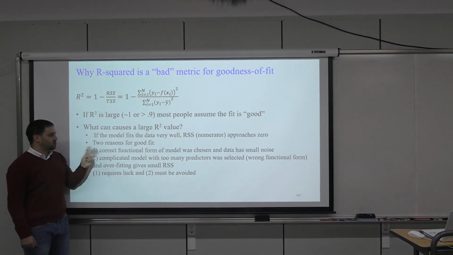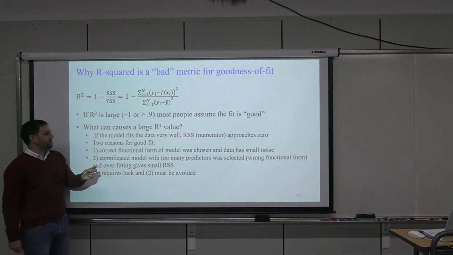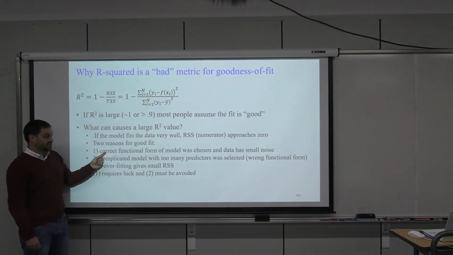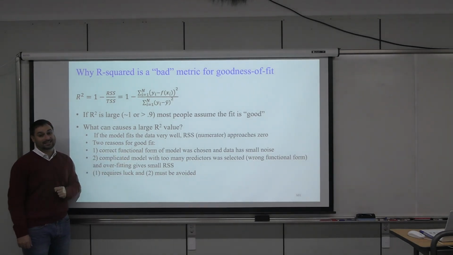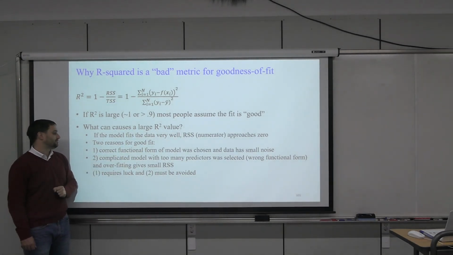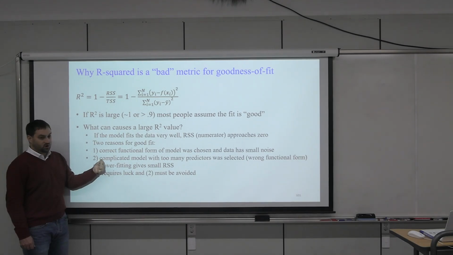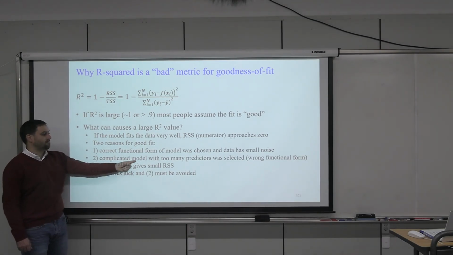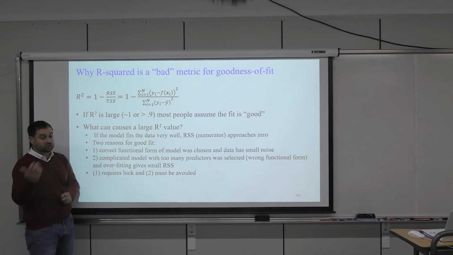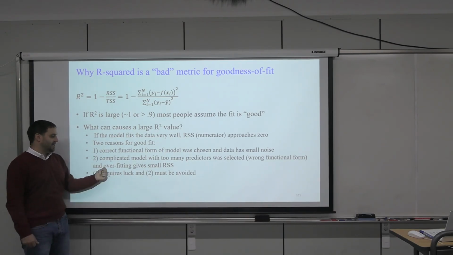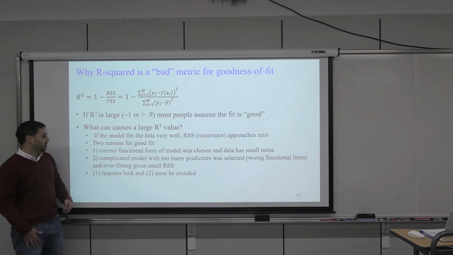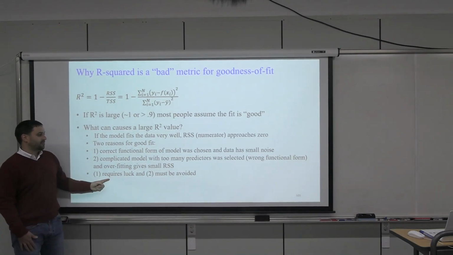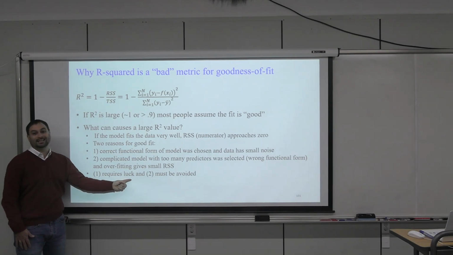And there are two reasons for a good fit. One is the correct functional form of the model was chosen and the data set has small noise. Two, which is the more common situation, a complicated model with too many predictors or regression functions was selected. Basically, you have the wrong functional form and then the overfitting gives the small residual sum of squares. Condition 1 requires basically luck.